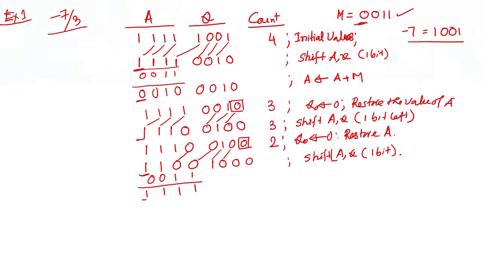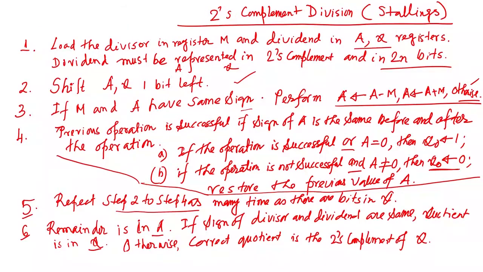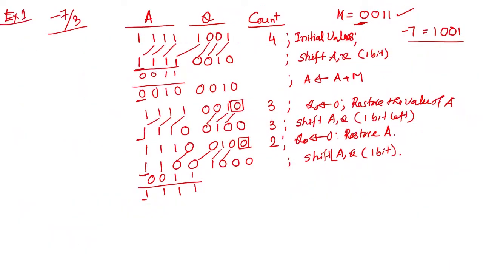So, after adding, if both signs are the same, then it will be successful, right. So, the previous operation is successful if the sign of A is the same before and after the operation. Okay. So, before the operation the sign was 1, after the operation the sign is 1, so it is successful. If it is successful, then what next?